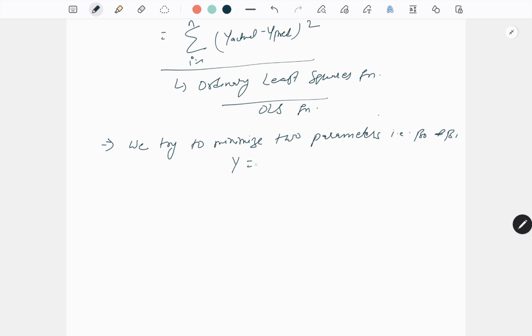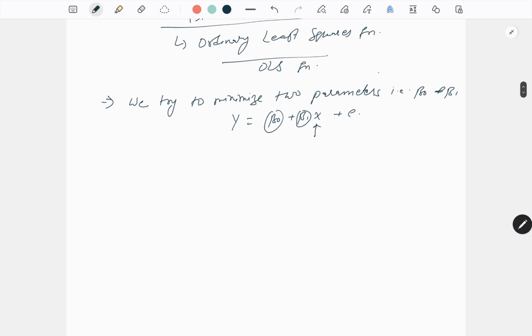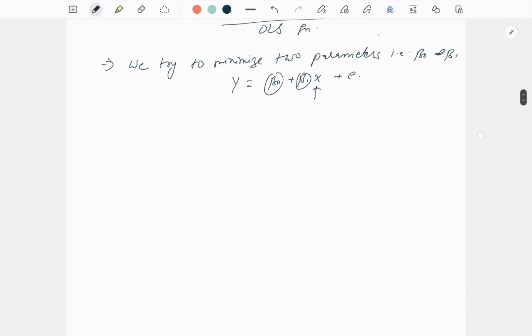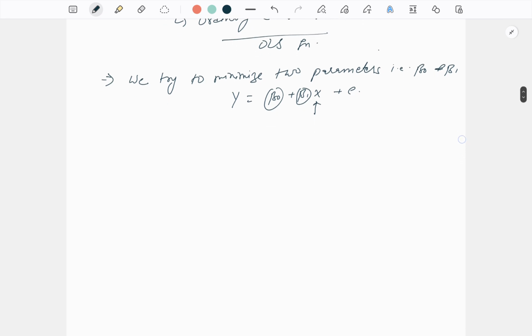So in simple linear regression, we have y equal to beta naught plus beta 1 x plus some error part. For a given x, in order to find the value of y, we need the values of these two parameters. Now we'll see how we can derive the values of beta naught and beta 1 by minimizing this cost function.